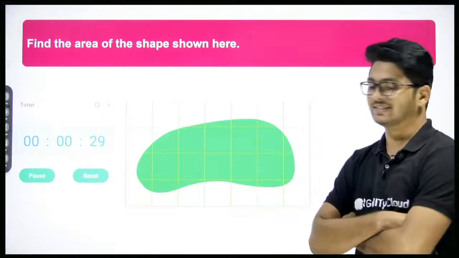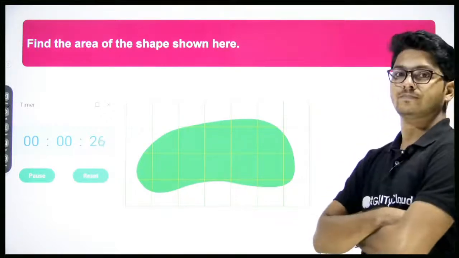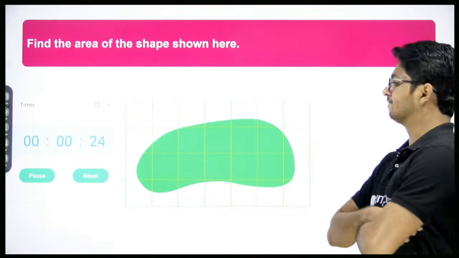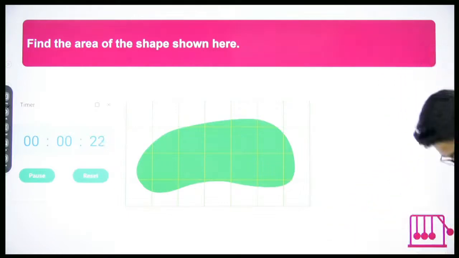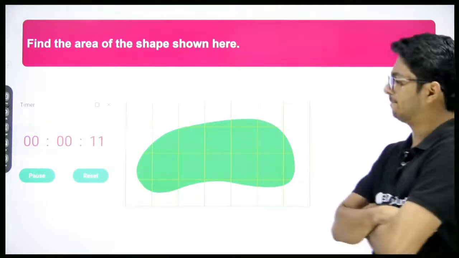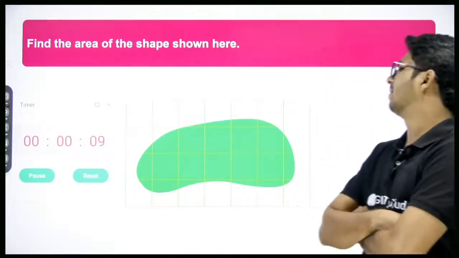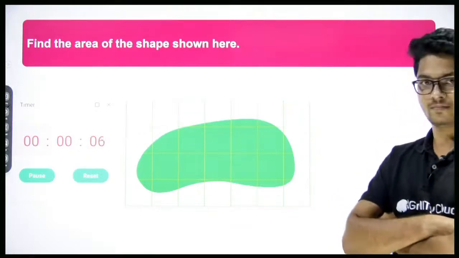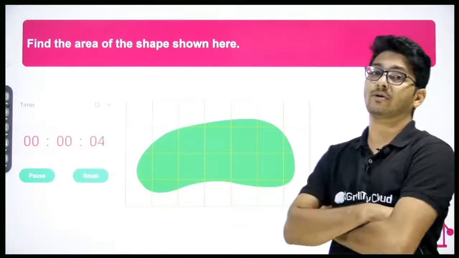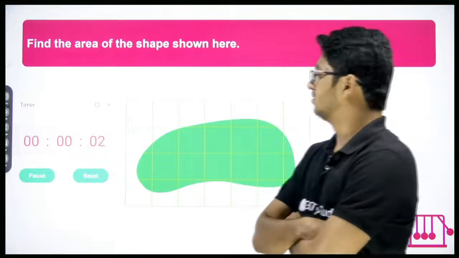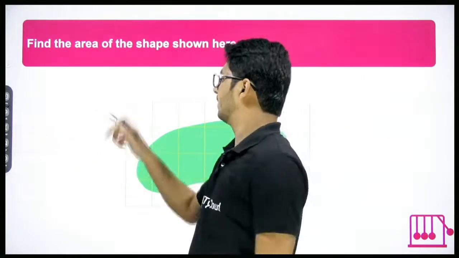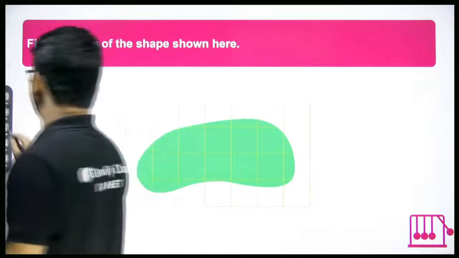Area of the shape. 30 seconds more. 15 seconds more. You have to count what? You have to count the number of squares. So time is up. Let me solve it for you.